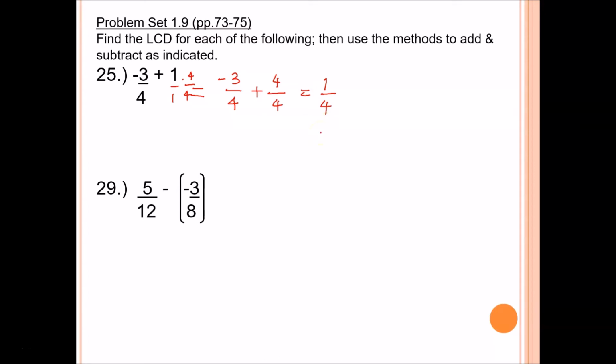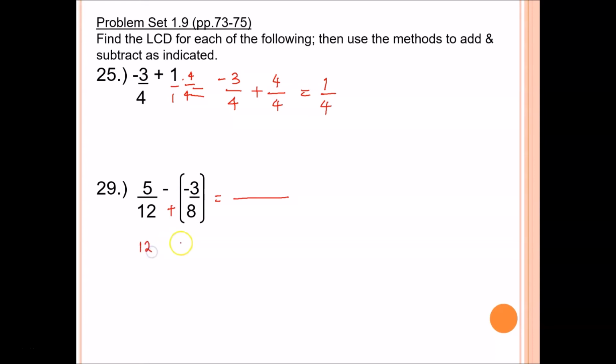How about number 29? We have 5 over 12 minus negative 3/8. So here we have a minus and a minus, so these two will turn out to be positive. But wait, the LCD is not yet ready. So 12 and 8, what must be the LCD of 12 and 8?